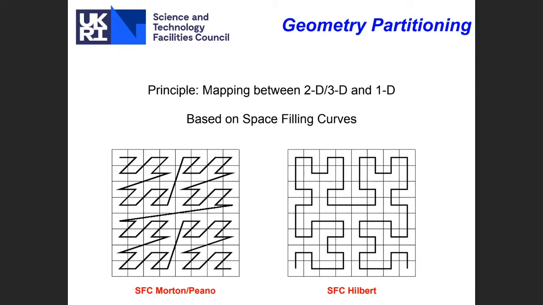When you have done that, you use the space filling curve Morton or space filling curve Hilbert. These are different patterns, which are designed to reduce communication between processors, because the neighbors of each cell are very local.